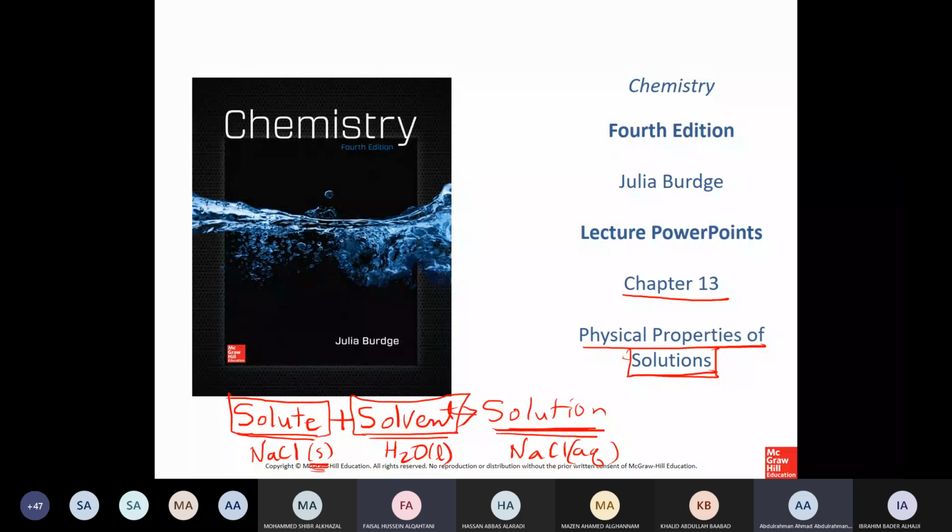For example, can I have CH3COOH? What's this compound? We talked about it a lot.